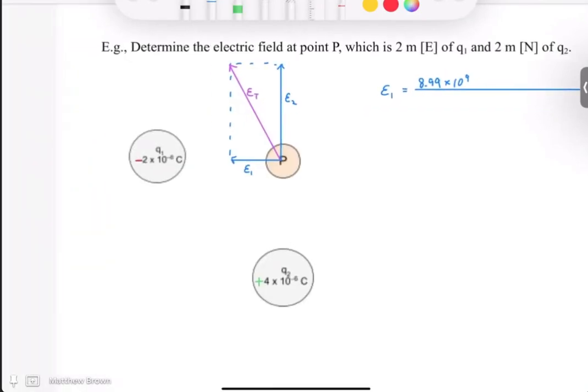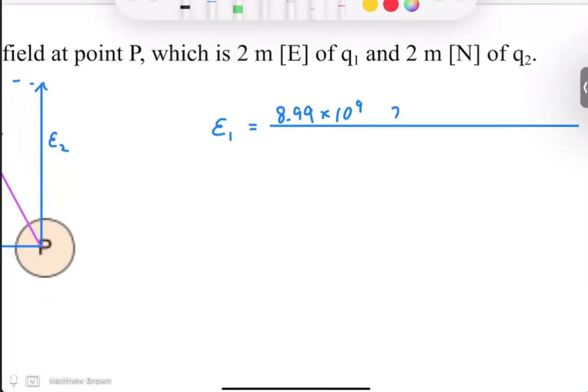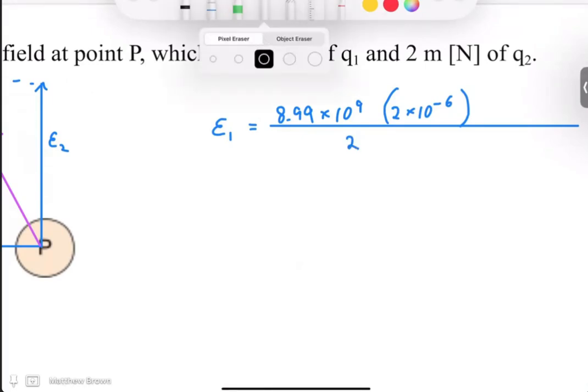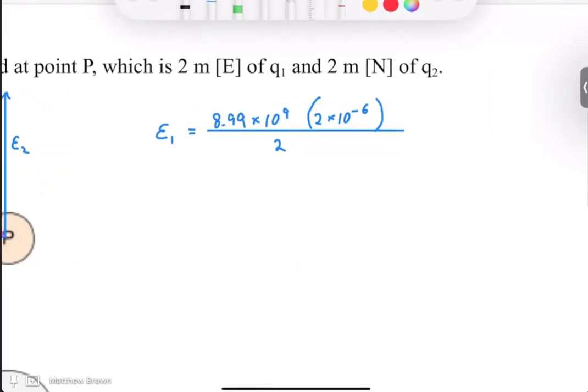And that's 2 times 10 to the negative 6, divided by r squared, which is just 2 meters squared. I think I did that already. 4495.